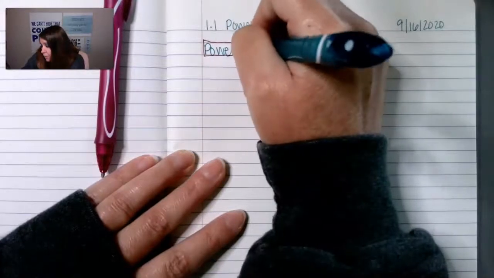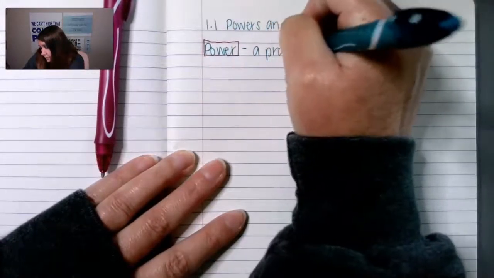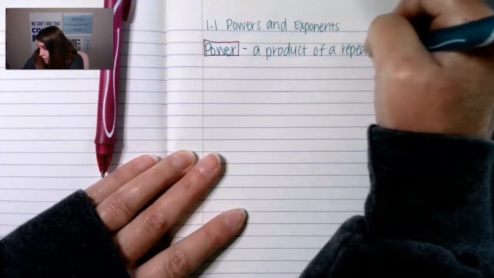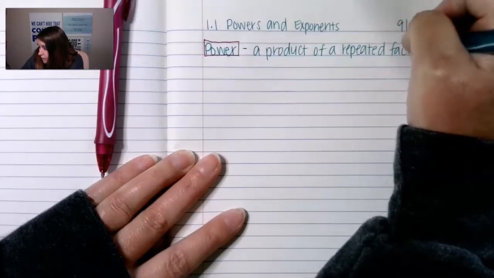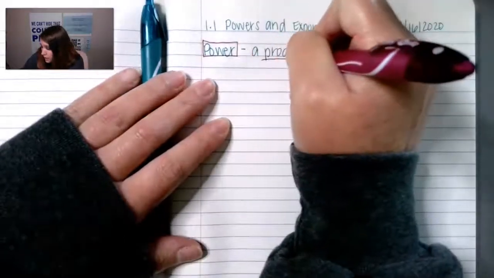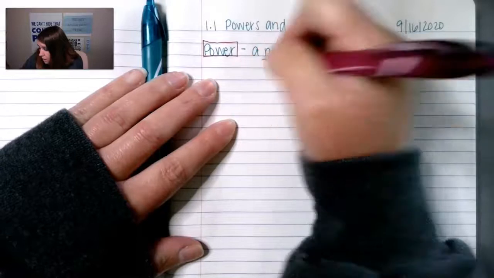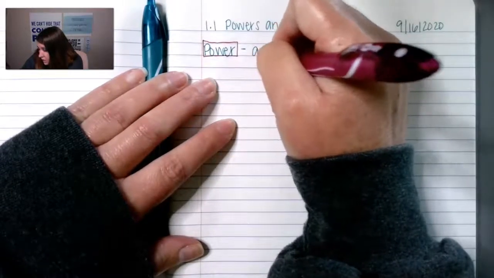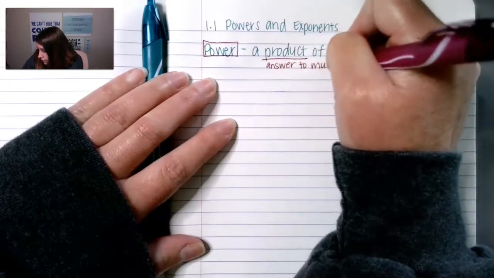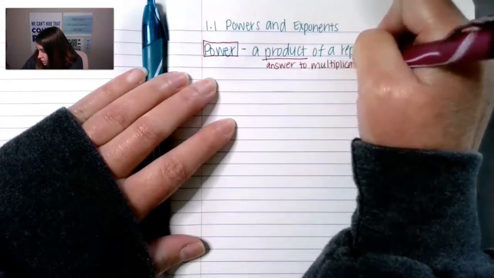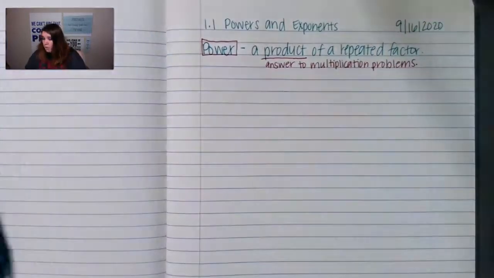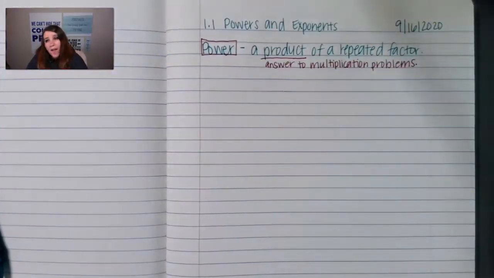And we know from earlier this week that the word product means the answer to multiplication problems. So a power is a product of a repeated factor.